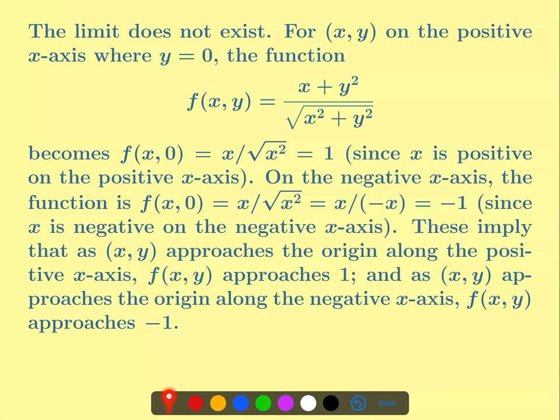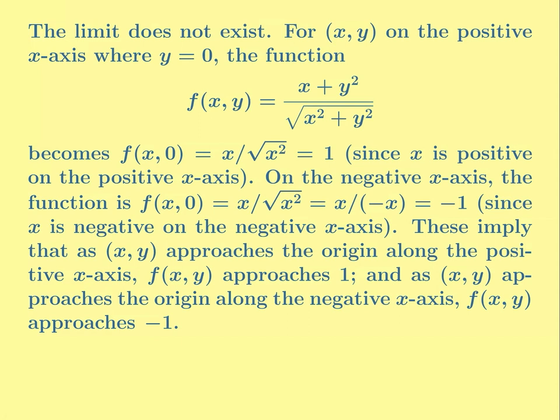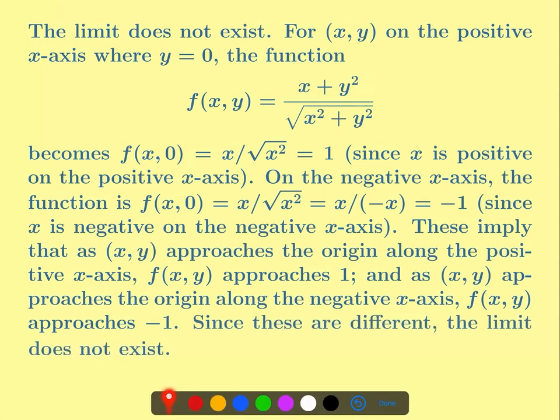And as xy approaches the origin along the negative x-axis, f of xy approaches negative 1. Now, I admit the word approaches is a little strange since it always equals 1 or minus 1, but that's what I mean there. The limit is going to equal 1 there, and the limit here is going to be negative 1. So we have two different values for the limit, and that means then the limit does not exist. So the value depends on how you approach the origin.